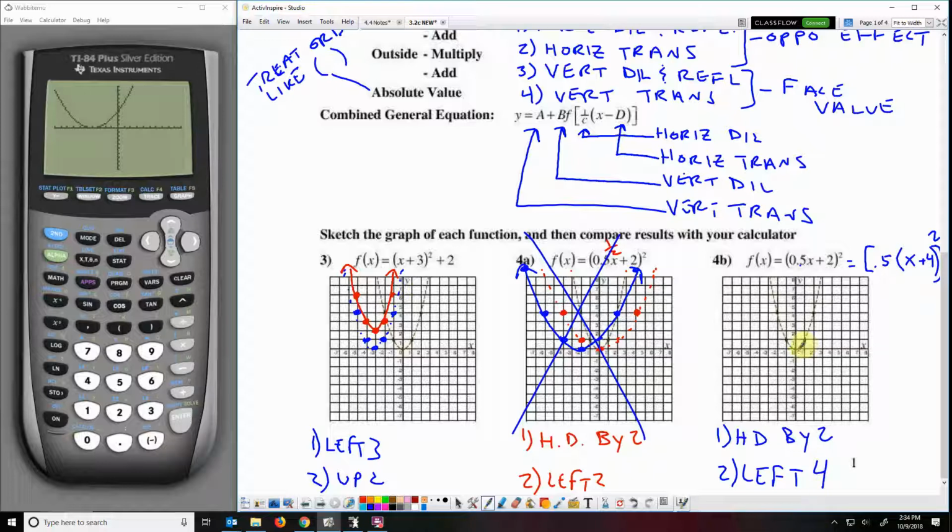Okay, so I'm going to double all my x values like I did before. So there it is after that horizontal dilation by 2 again. But now I need to shift everything left 4.